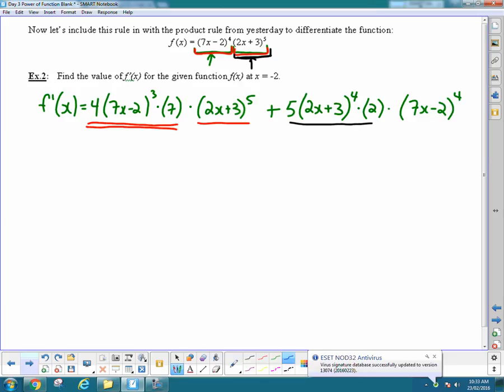And I want you to notice then, even though that's a big long statement, it's all the power rule. So this here is the derivative of the first. There's the first times the second, as is. This is the derivative of the second, all this, times the first, as is.